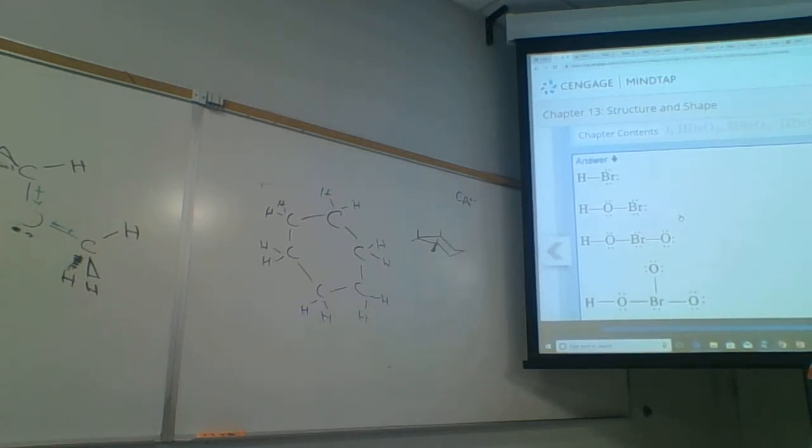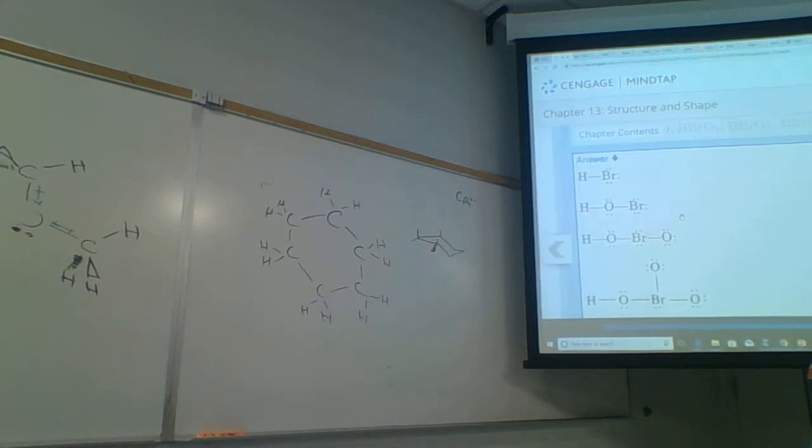And so for this particular structure, what a lot of people do when they draw this structure is they'll double bond this.